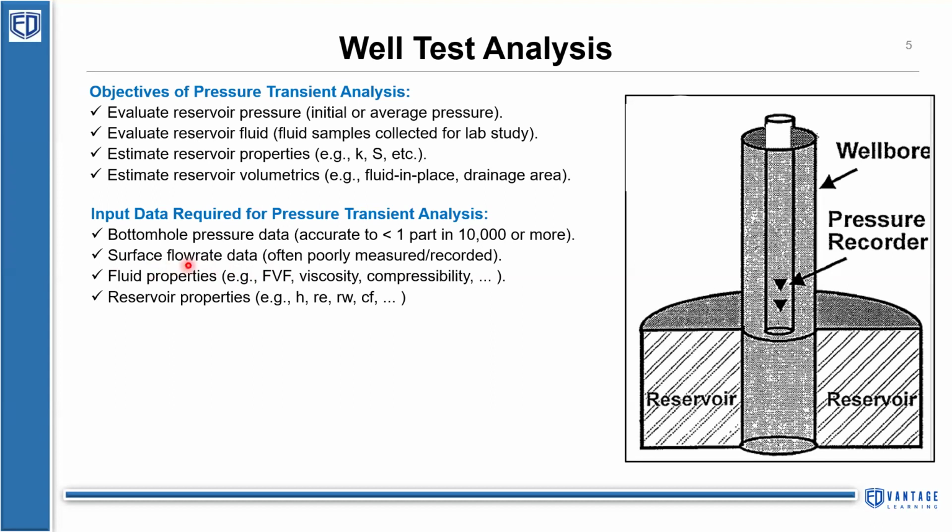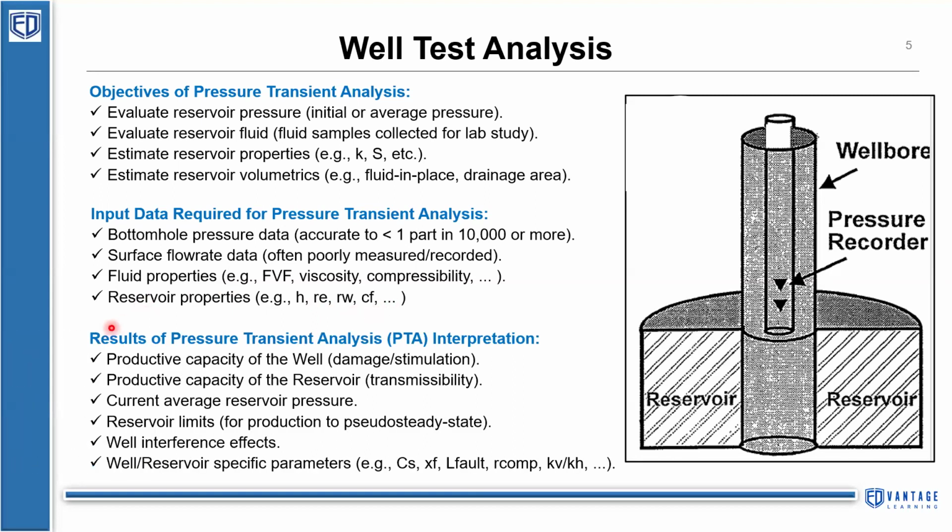So we need surface flow rate data that has a characteristic bottom hole flowing pressure and the corresponding PI, the productivity index, and the fluid properties, which will be a primary input for well test design and analysis, that is the formation volume factor, viscosity and compressibility, and the reservoir parameters like the net pay, H, reservoir extent, RE, the wellbore radius, RW, and fluid compressibility, that is already discussed.